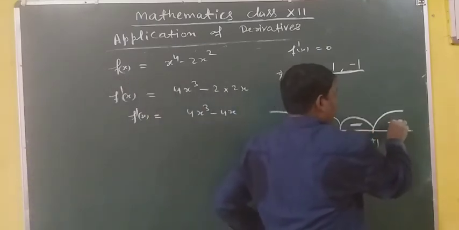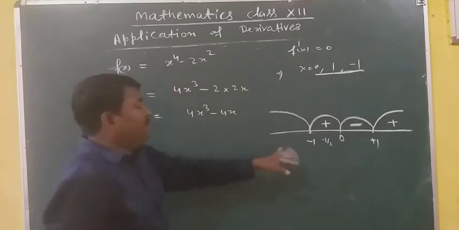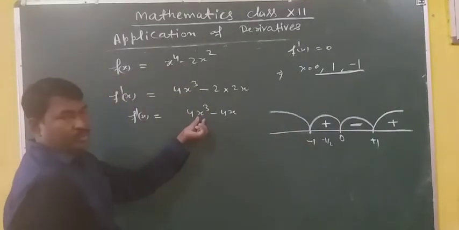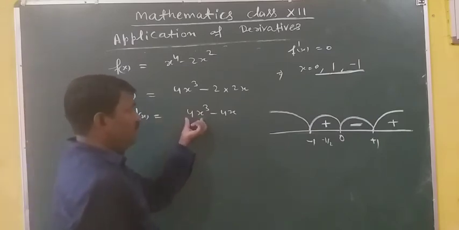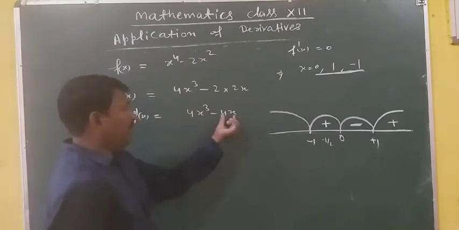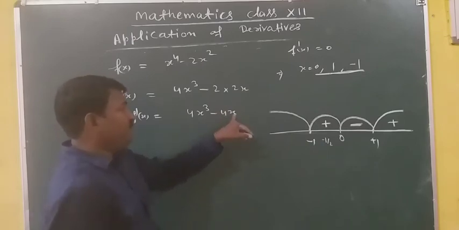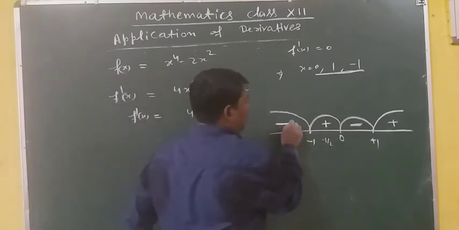For all values less than minus 1, suppose minus 2, we get minus 32 plus 8, which becomes negative.